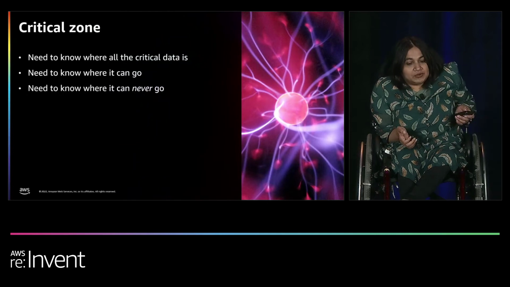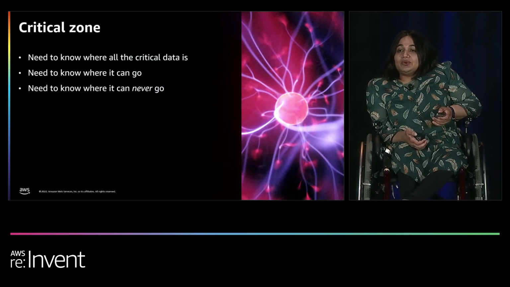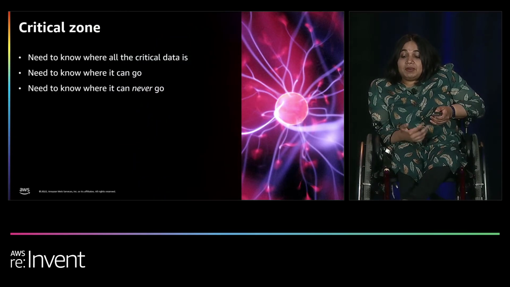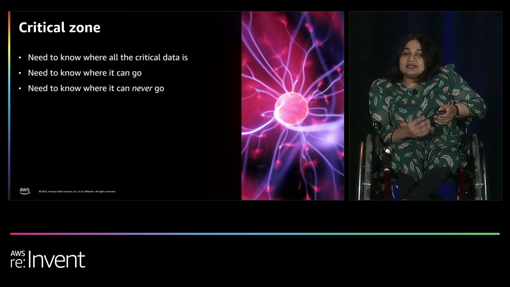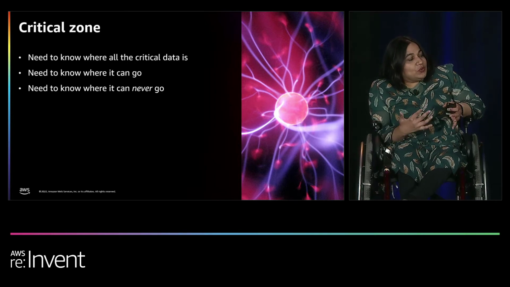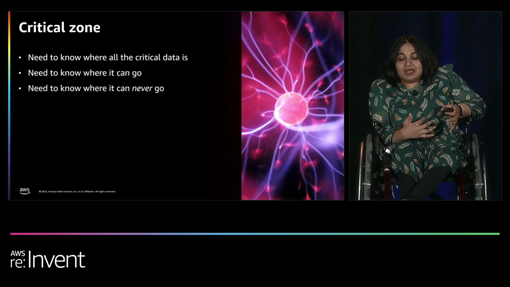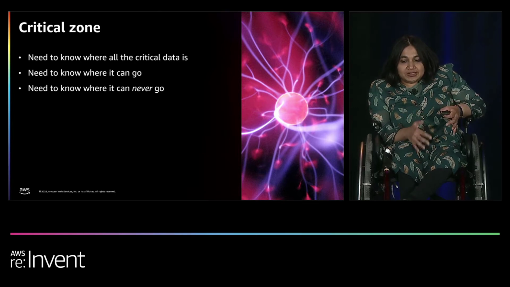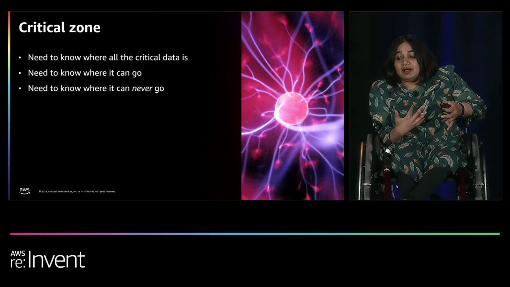So the first step to that is you have to build a critical zone, the part of the architecture that stores and transmits the critical data. The basic idea is we need to know where the critical data is. So here's a fun analogy. Think of it like a nuclear power plant.